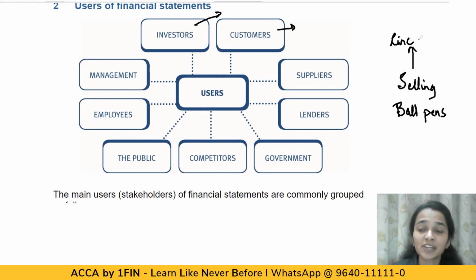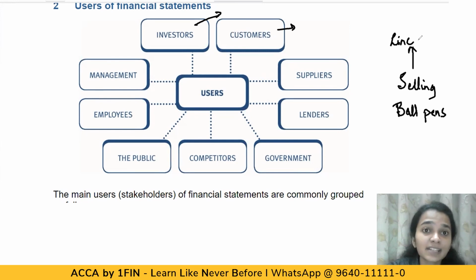So as a customer, I should know how the company is operating, whether the company is charging a higher price to me, or whether the company is making good profits, or is it into losses. Are there chances that the company shuts down? Because if the company shuts down, I'll have no stock to sell. I am an exclusive dealer of a particular company's product, and if that company itself shuts down, I'll have nothing to sell.